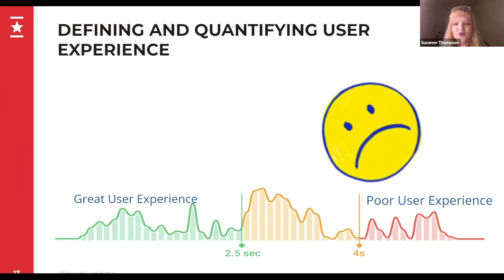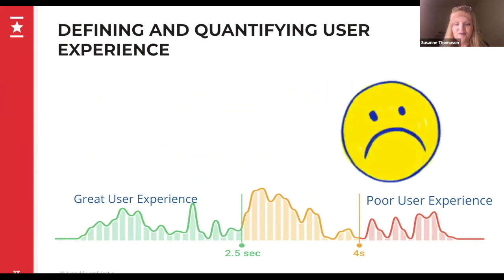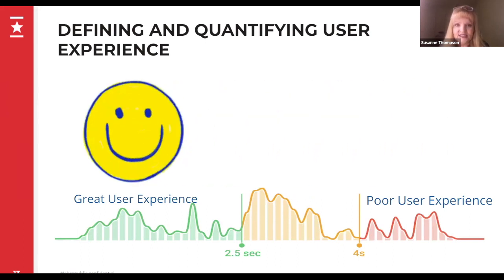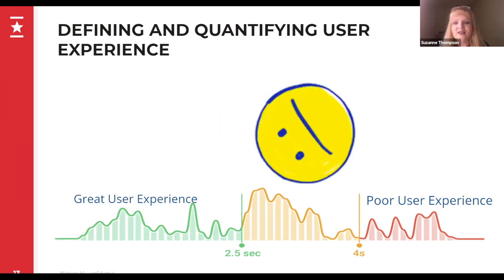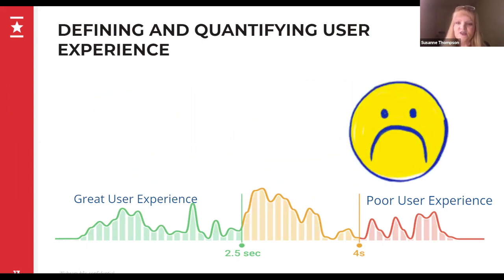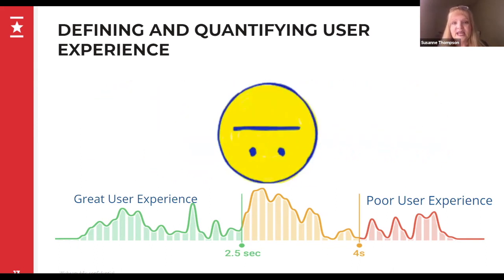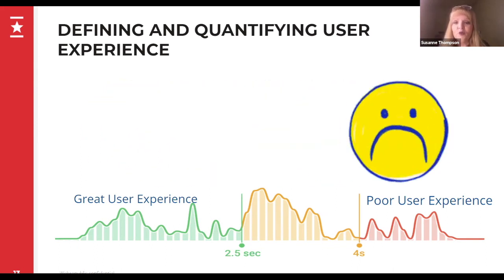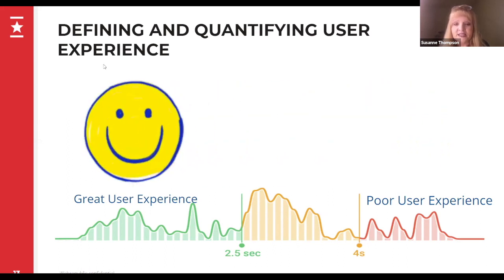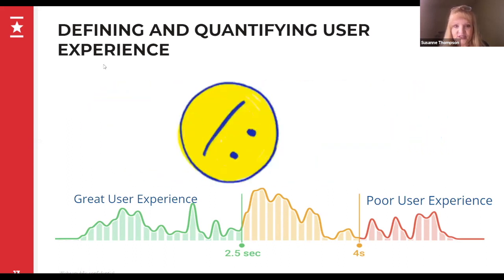And so at Google, we've spent quite a bit of time, both in the past and increasingly, taking a look at user experience. What defines a great user experience? What constitutes a poor user experience? How do you define that? And how do you quantify that? And we're constantly looking at better ways of measuring that.